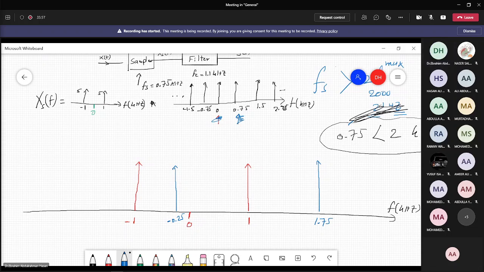With the second one, with 1.5, down here it will be 1 plus 1.5, which is 2.5. And another one is 1.5 minus 1, which is 0.5, which is here.